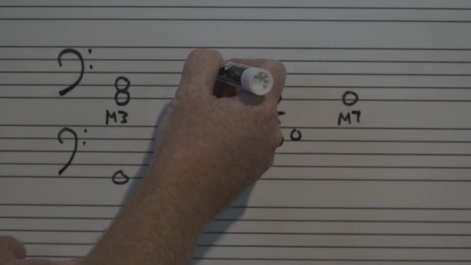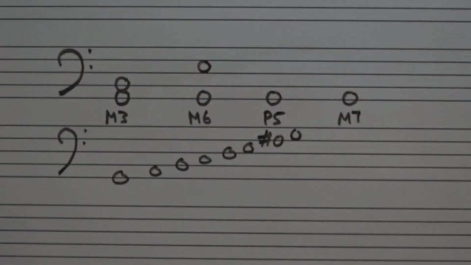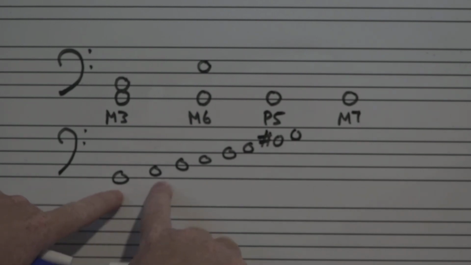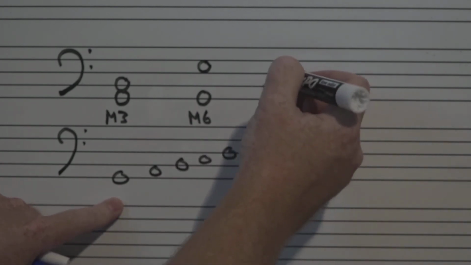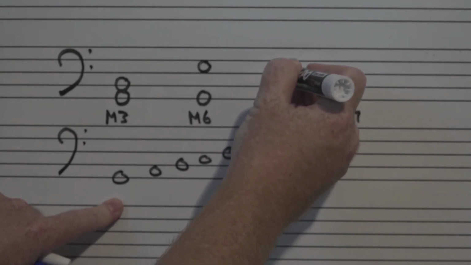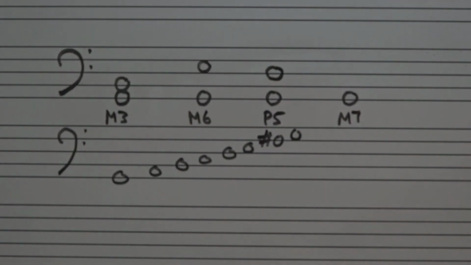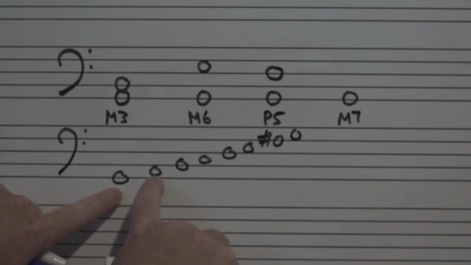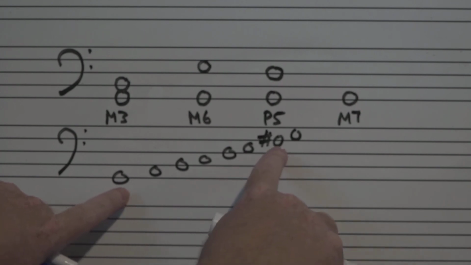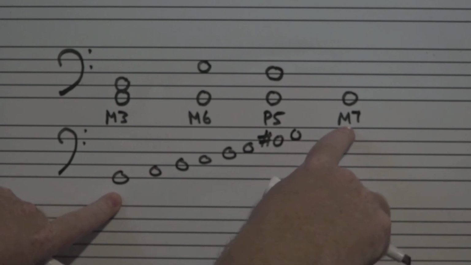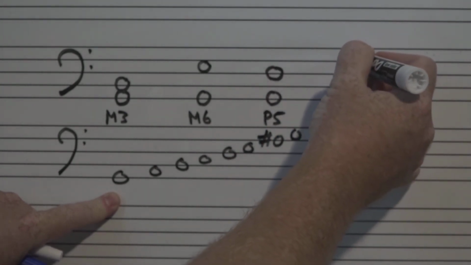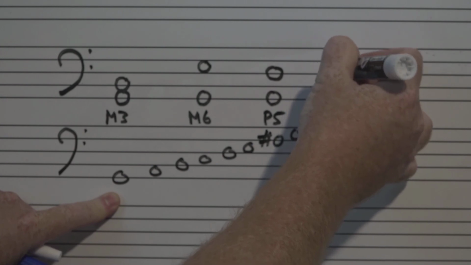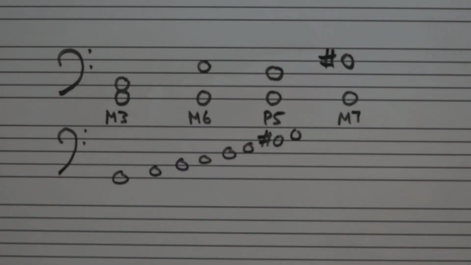We know it's going to be a G to an E. A perfect fifth: unison, second, third, fourth, fifth is a D. So that's going to be G to a D. And finally, a major seventh. There's a unison, second, third, fourth, fifth, sixth, and seventh. And since F sharp is in the G major scale, we know a major seventh above G will be an F sharp.